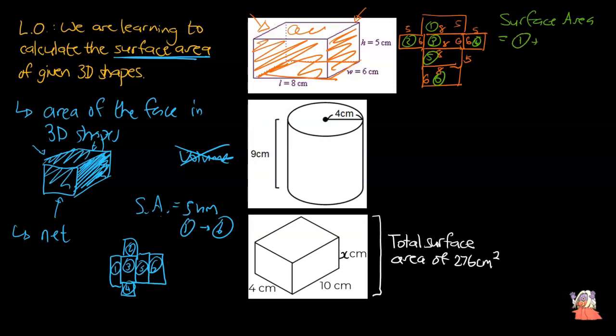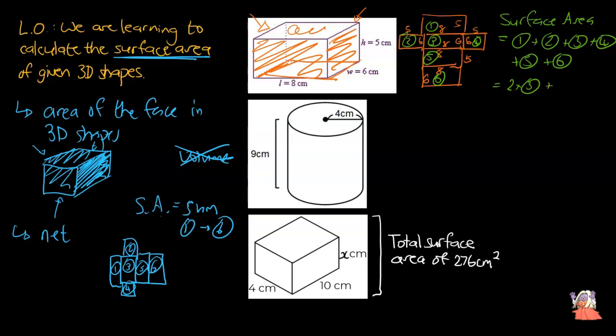So we're going to go 1 plus 2 plus 3 plus 4 plus 5 plus 6. And a couple of things to note. The base of our shape, number 3, is actually going to be the same as the roof of our shape. So instead of having 3 and 6, that's actually going to be 2 lots of 3. The sides, so 2 and 4, they're actually going to be the same as well.